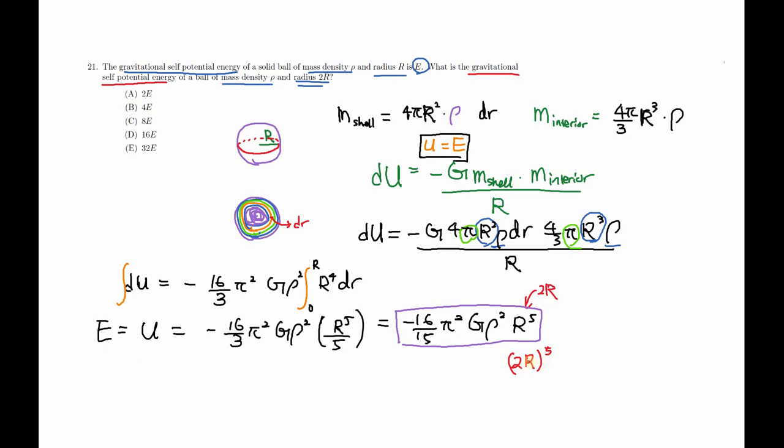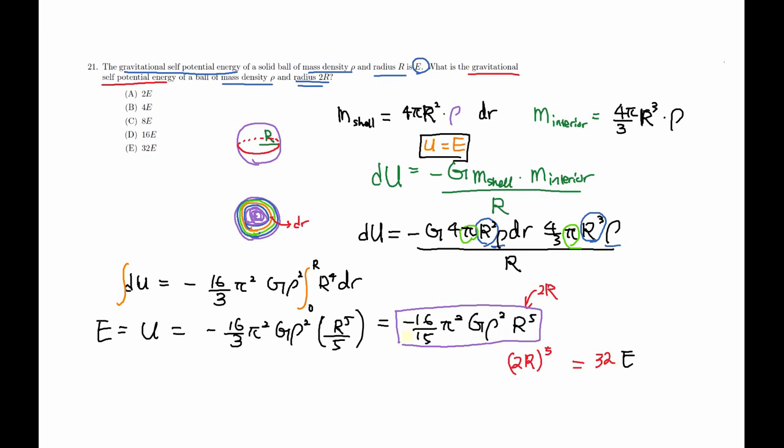So we still retain all the constants in front of it, and the only difference between the original equation and our new equation with 2r is 32 times E basically.